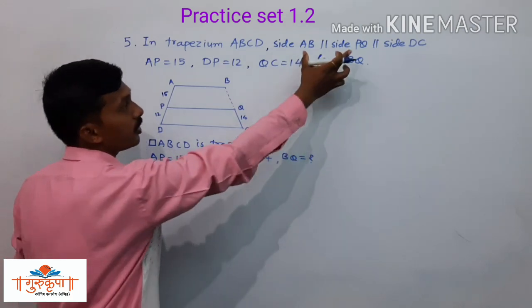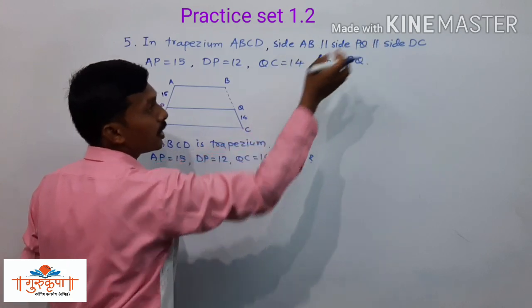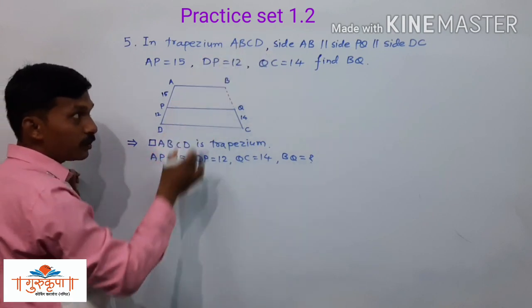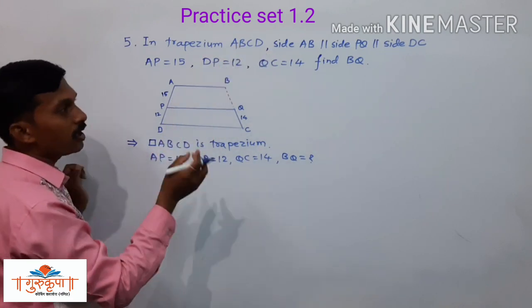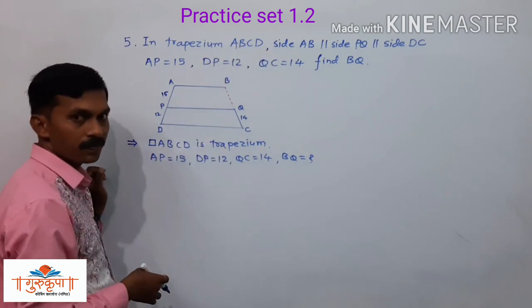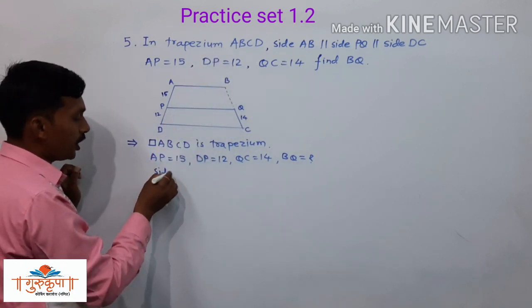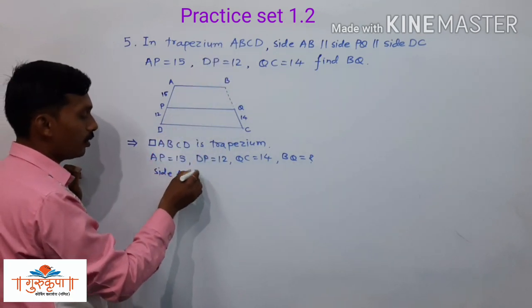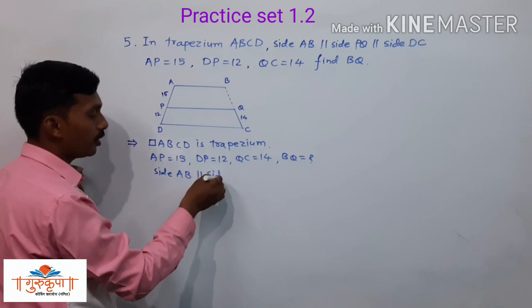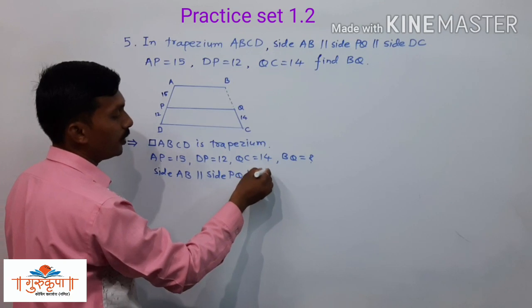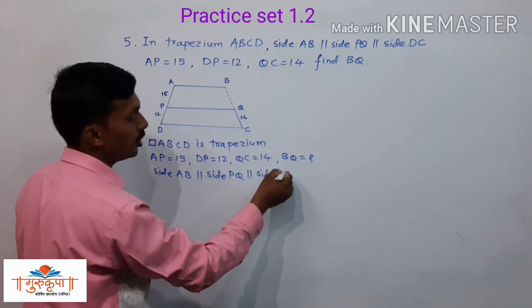Now this is also given information: AB parallel to PQ parallel to DC. We will write that and instantly use the property. So we write, this is also given information: side AB parallel to side PQ parallel to side DC, and we have to use this information.